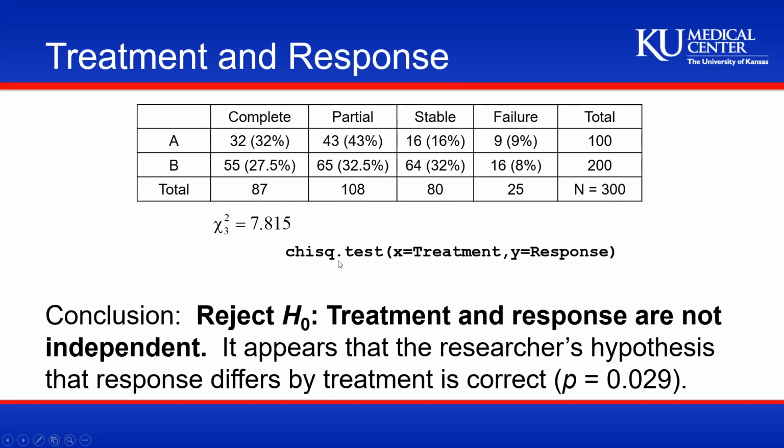And again, if you remember the chi-square test, I'd have to go back several slides, but the formula was an observed count, which are these numbers, 32, 55, 43, 65. And from the observed count, you subtract out an expected count. And the expected count comes from that null hypothesis where we assume that there's really no difference in the response rates.